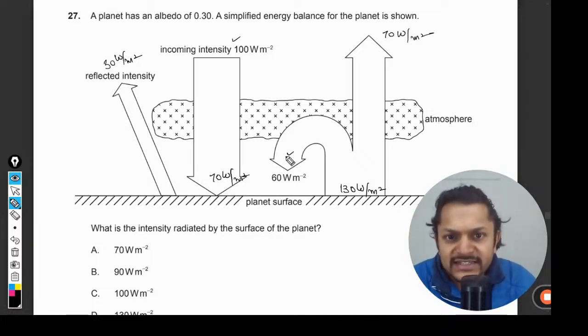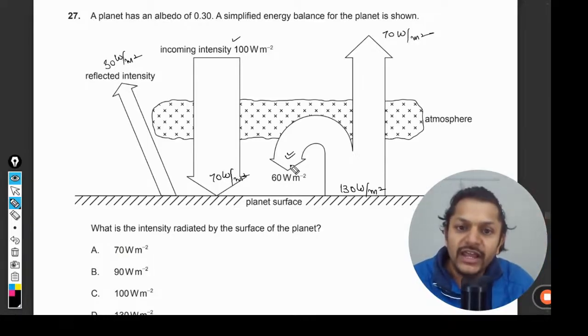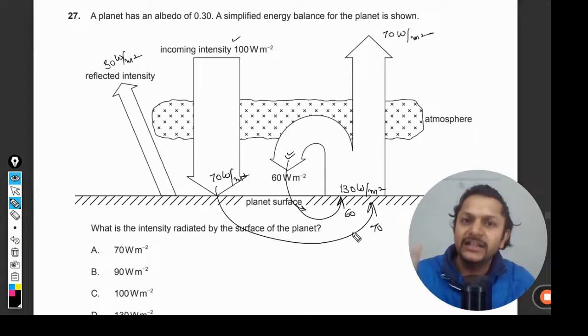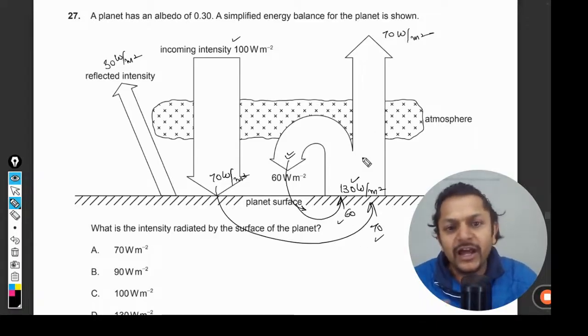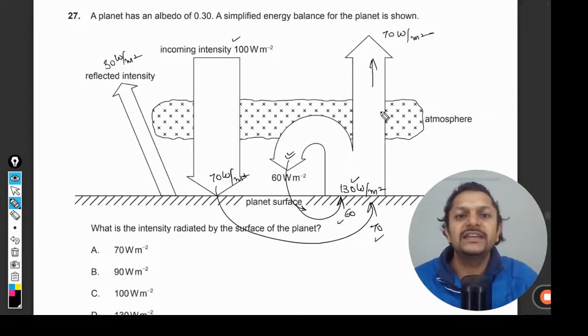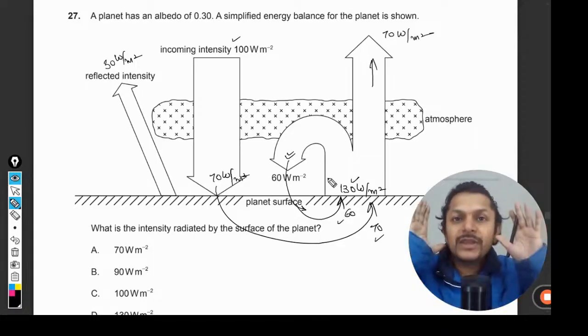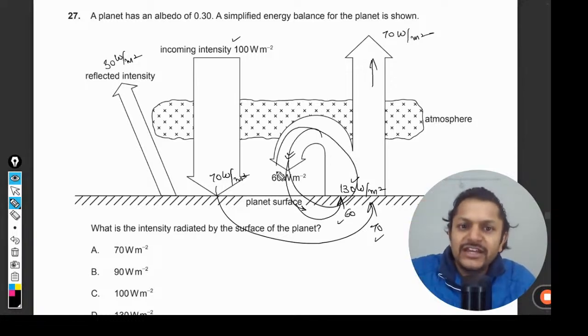Actually, the 60 watt per meter square energy which was trapped in the atmosphere is again going to the surface, and it is again mixed with this 70. So it's basically 70 plus 60 that is coming here. So 70 plus 60 is 130, and out of this 130, 70 is emitted back to space, and 60 watt per meter square energy is trapped inside the atmosphere, which keeps on moving like this.